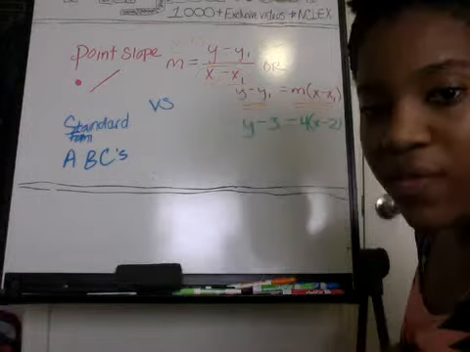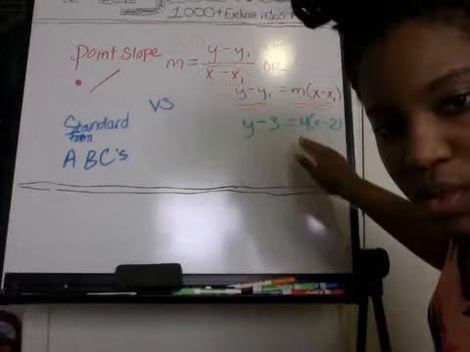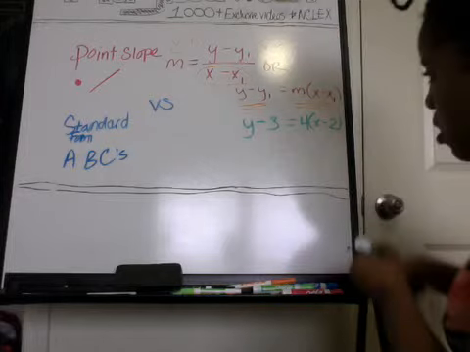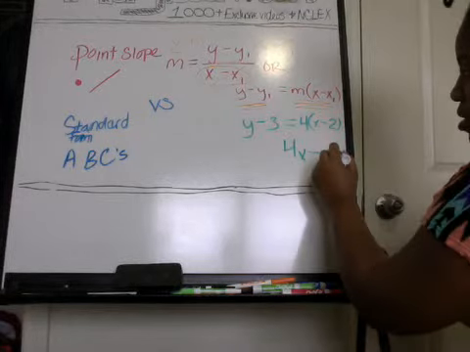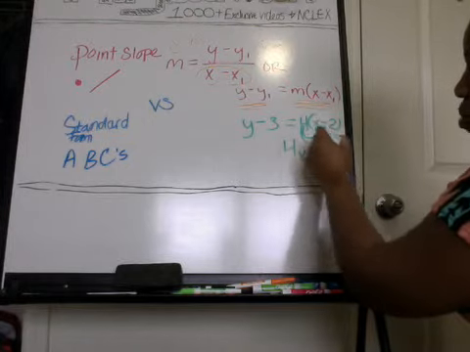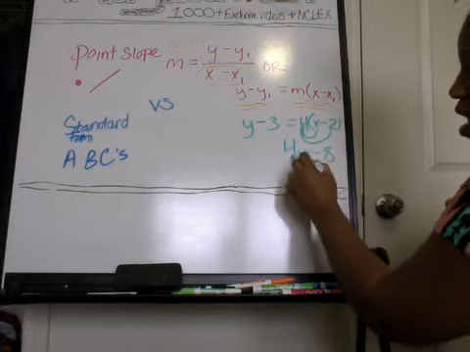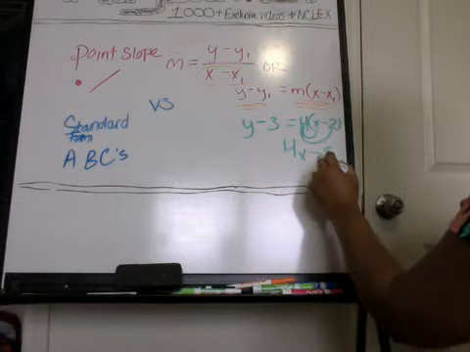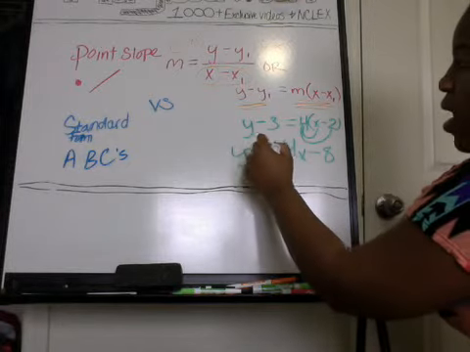So just by looking at it, if you distribute this 4x minus 8, distribute meaning multiply 4 by x and 4 by 2, you will see that you get 4x minus 8, okay? Y minus 3.